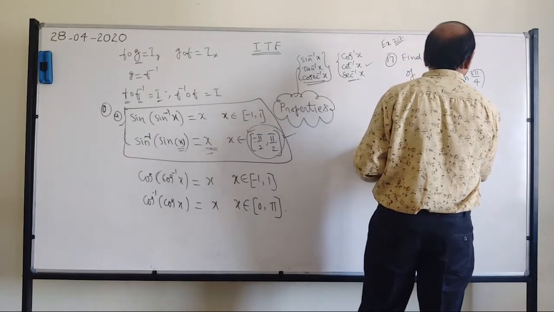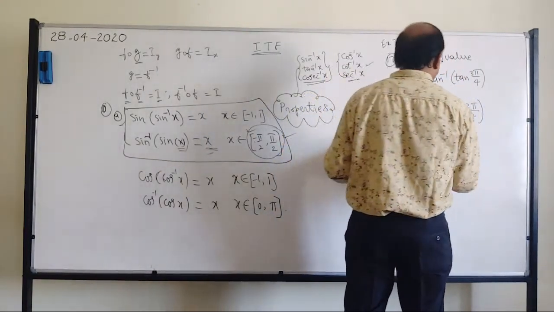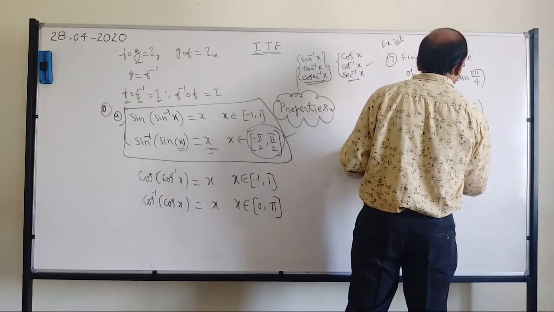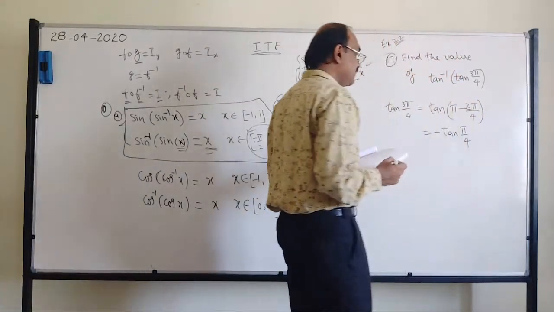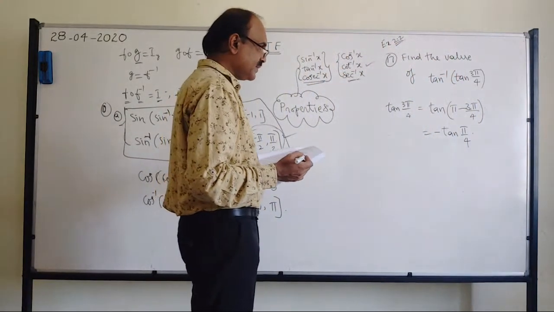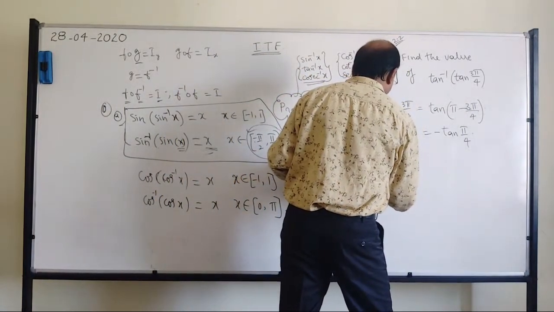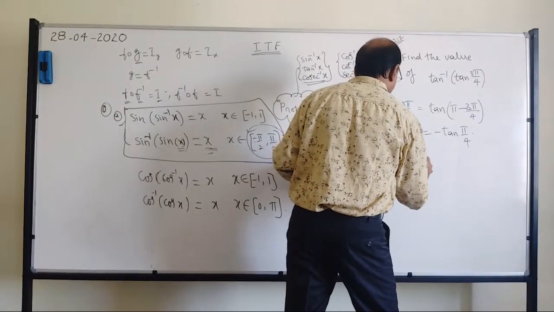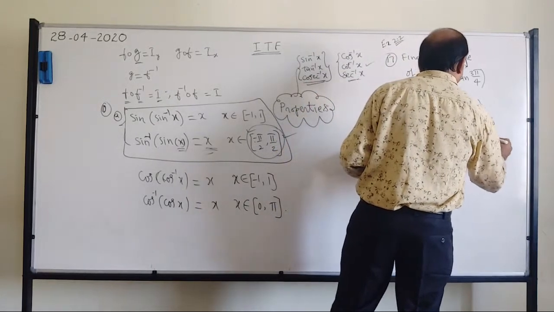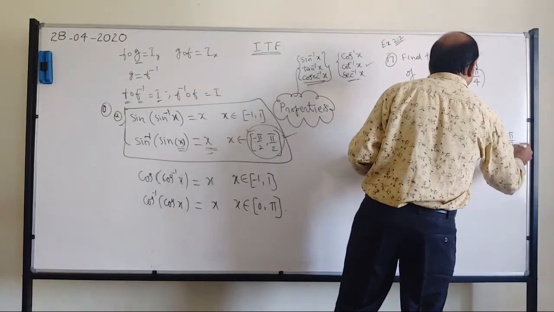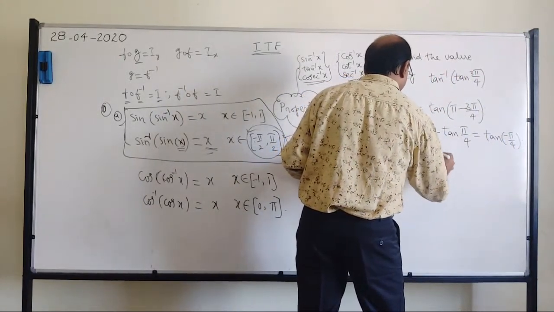What happens? Tan of pi minus 3 pi by 4. In the second quadrant, tan is negative. Please remember that. Minus tan of (4 pi minus 3 pi) divided by 4, that is minus tan pi by 4. Please remember that. Okay? Now, tan inverse of tan of this thing you can write as tan inverse of tan of minus pi by 4. Yes or no? So we will get minus pi by 4.